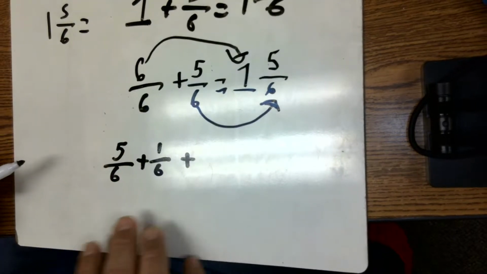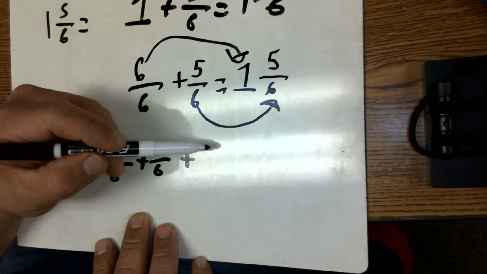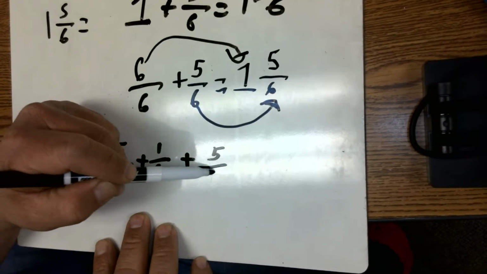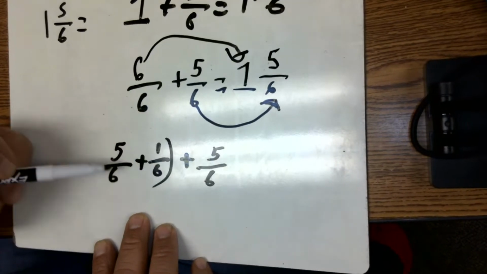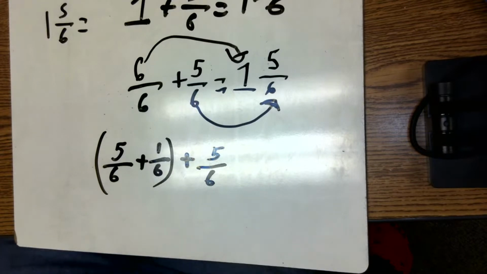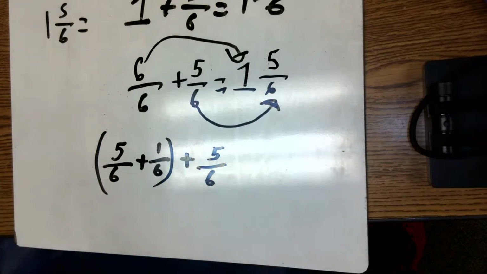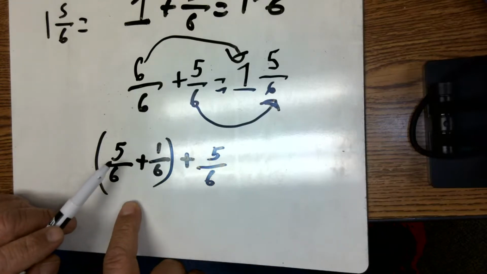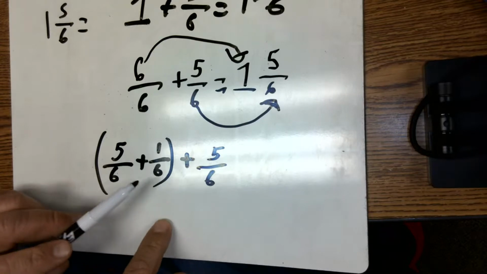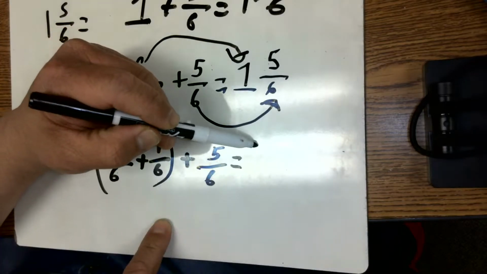5/6 plus 1/6 plus 5/6. And what they won't tell you yet, but I'll tell you. Let's put that in parentheses because these 2 have to be added together. 5/6 plus 1/6 is 6/6, which is one whole.